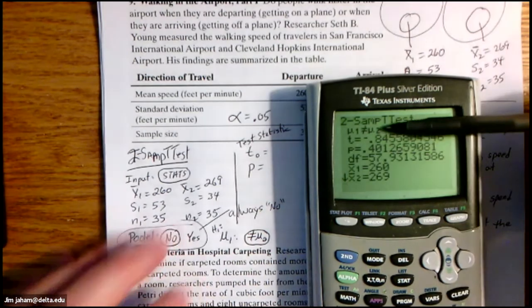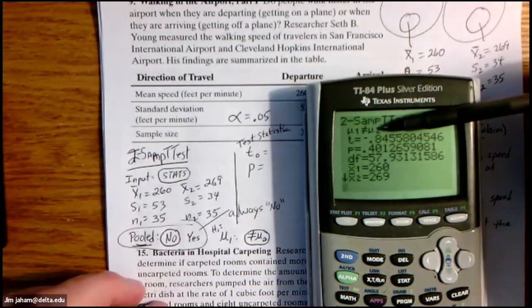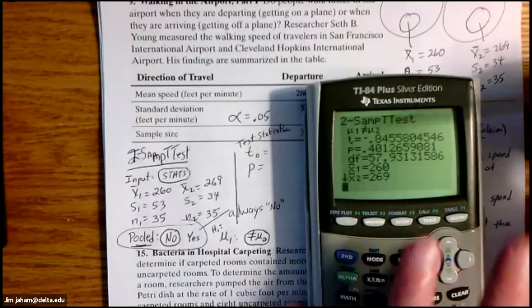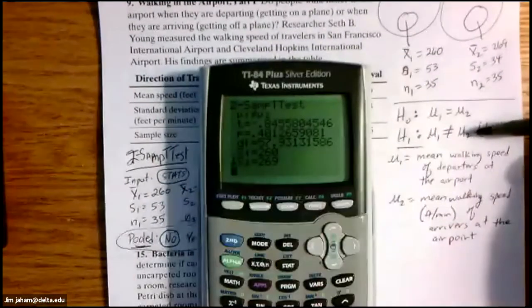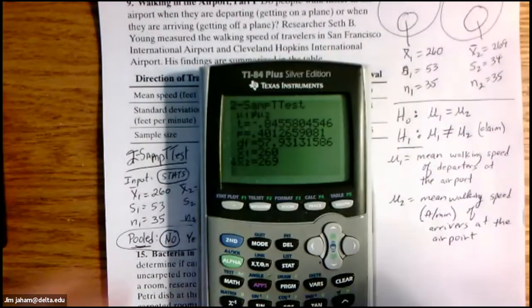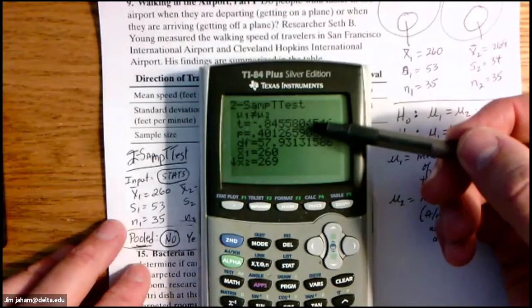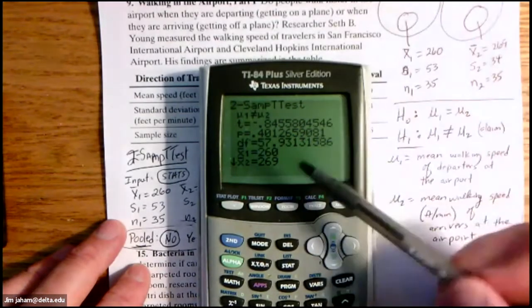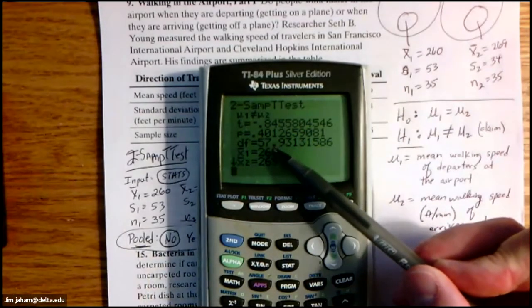All right, so they start off by telling us that our alternative hypothesis is mu1 not equal to mu2. And then it gives us the test statistic and the p-value. See what I mean about degrees of freedom being a decimal number?